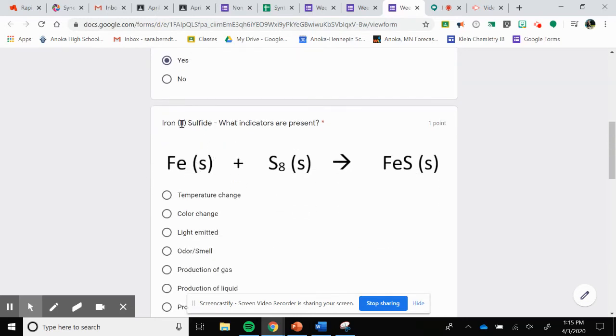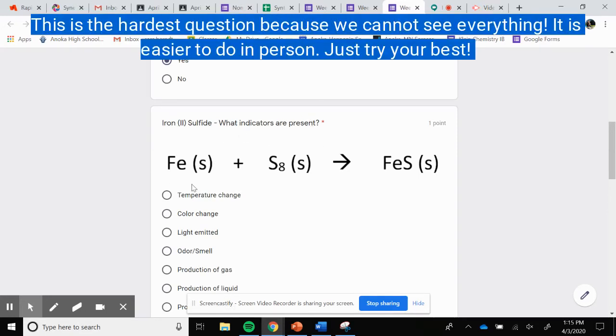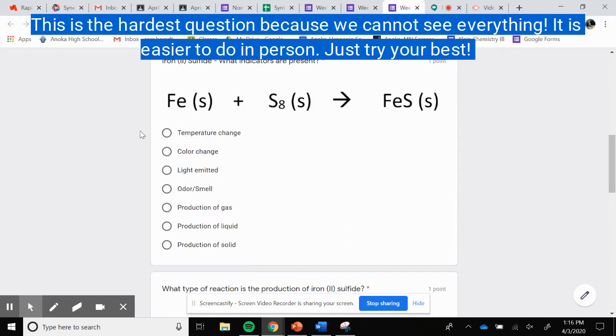The next question is asking, okay, based off our reaction, what indicators are present? And I've given you the chemical reaction for this reaction we watched on the video. Forms only lets me do multiple choice options. If I have you check the boxes, you have to check all of the boxes for it to be correct.